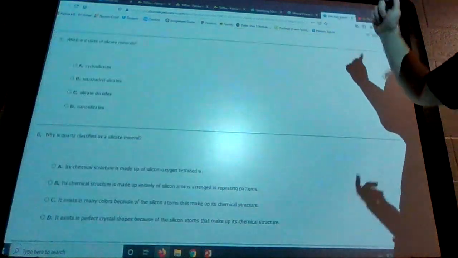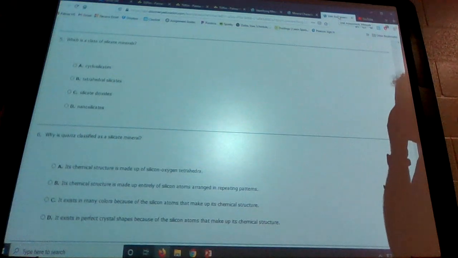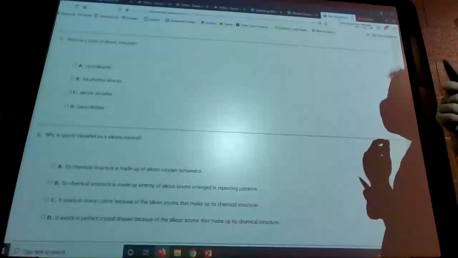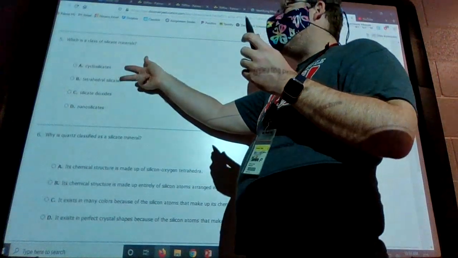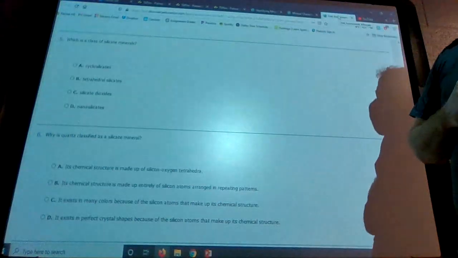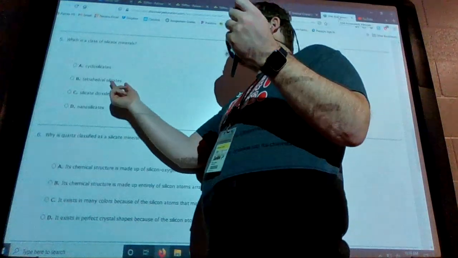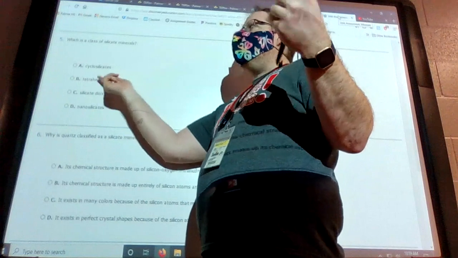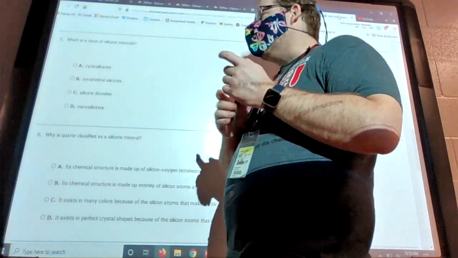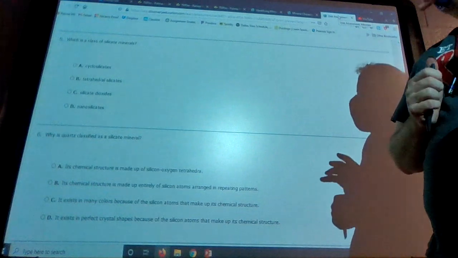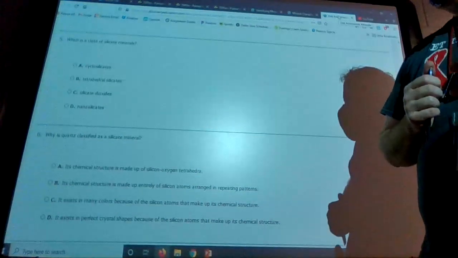What did I pick? I don't think it's silicate. So on this one, I'm guessing it's going to be between A and B. I'm pretty sure it's going to be A. What did you guess on that? I picked B. Yeah, all the silicates have the tetrahedra, so I don't think that would be a way that you classify them. How you do it is you have sheet silicates, ring silicates, and chain silicates.